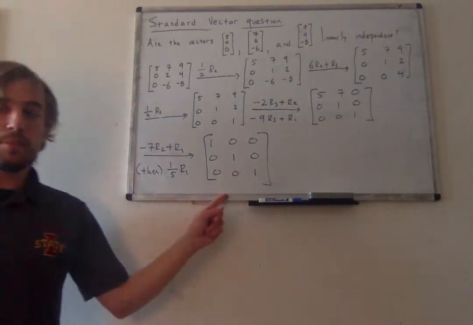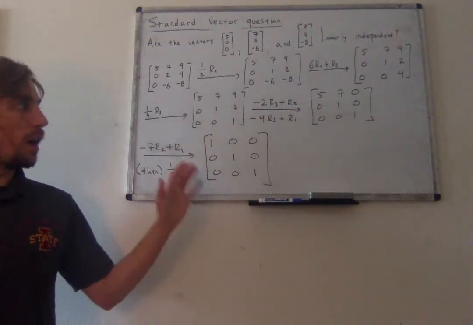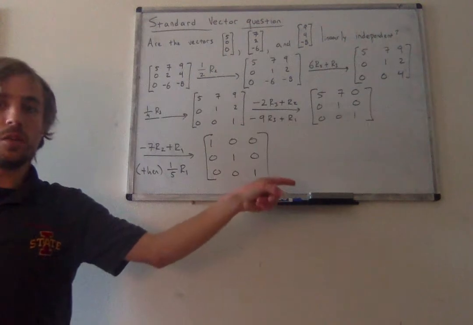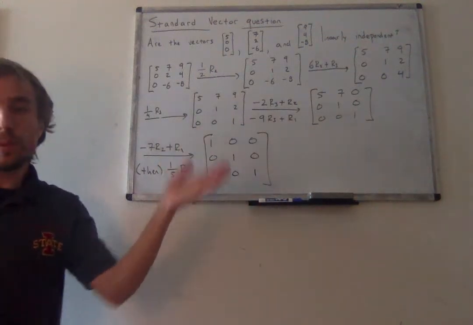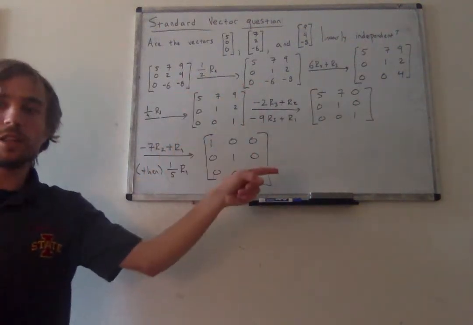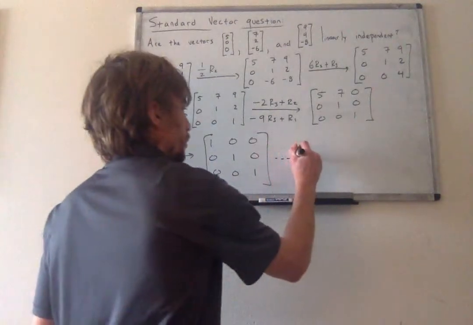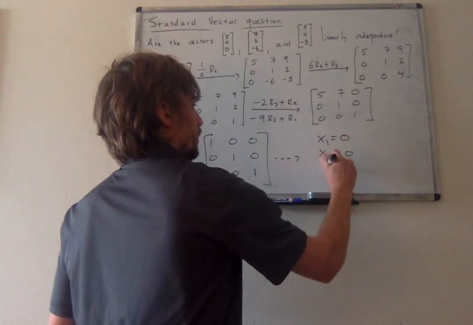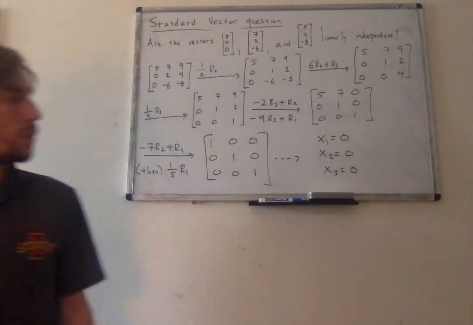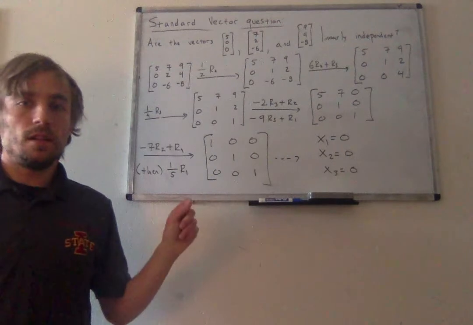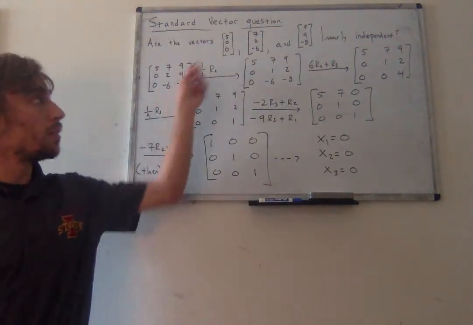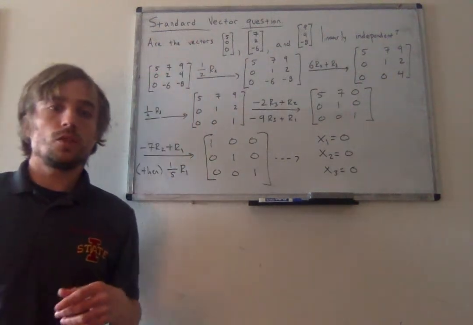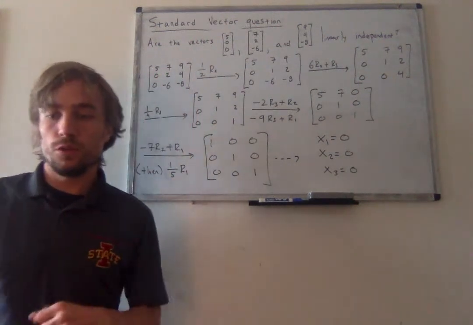Notice this matrix has 3 leading ones. If we translate this back to a system of equations, remember the last column here, one reason we don't need it for this is because the last column is just going to be all zeros this entire time. And so this corresponds to this assignment of variables. This means that the homogeneous equation defined by these 3 vectors, which I had talked about was the original way of phrasing this question, only has the trivial solution.